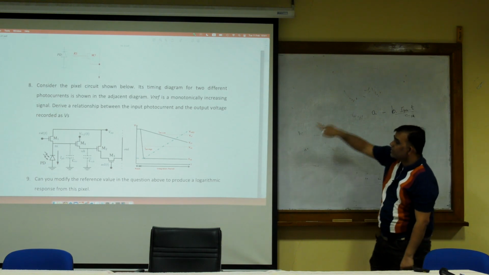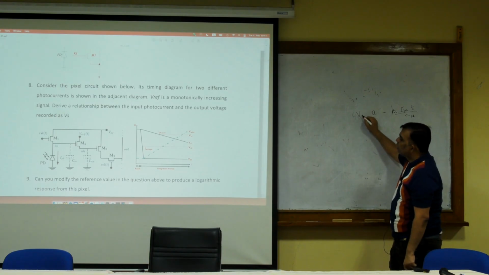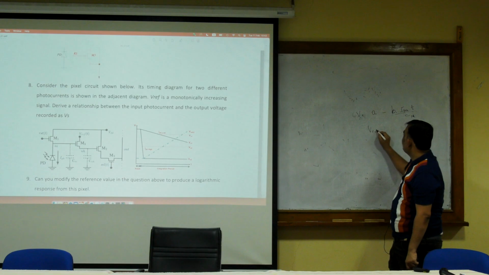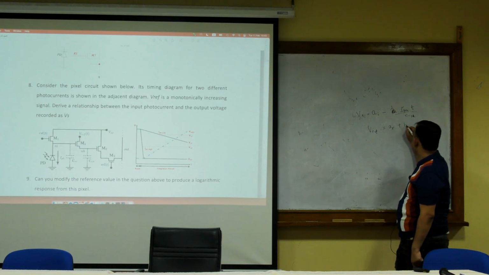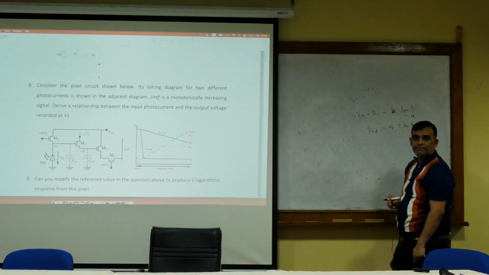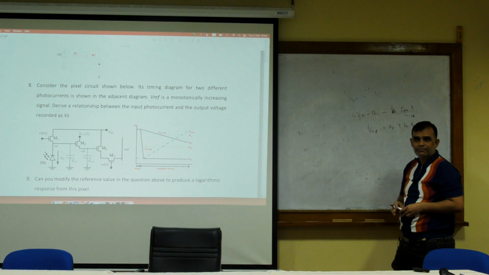The other function which is going up, my reference function, this is my V node Ni. My reference function is going to be sum A ref plus B ref times time. There's only time here. It's just going up with time. There is no photocurrent here.